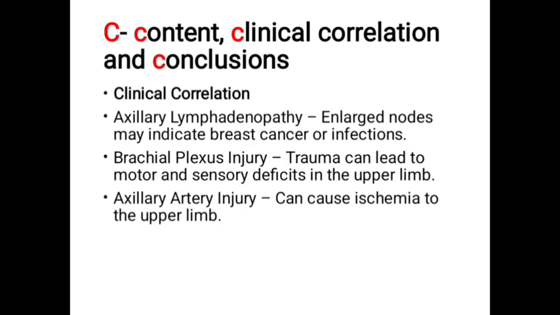The first is axillary lymph nodes, which is the enlarged lymph, which may indicate breast cancer infection. Next is brachial plexus injury, which is trauma that can lead to motor or sensory deficit in the upper limb. The next is axillary artery injury, and this can cause ischemia to the upper limb.